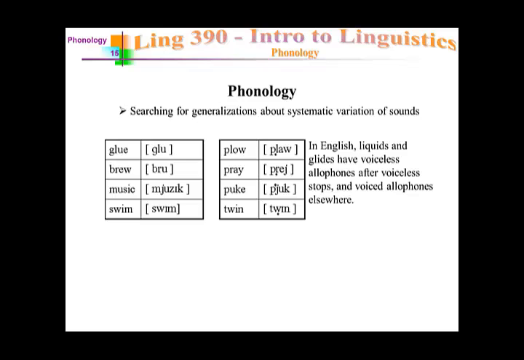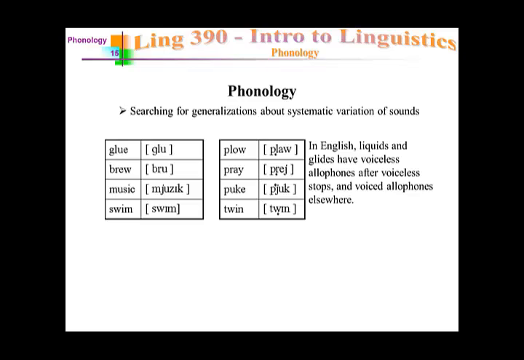Where do they appear? Well, they appear after voiced stops, they appear after nasals, and they appear after voiceless fricatives, and they even appear when they're the very first sound in a word. Now, this is not a nice, concise, easy to conceptualize environment. In fact, it seems to be several environments.